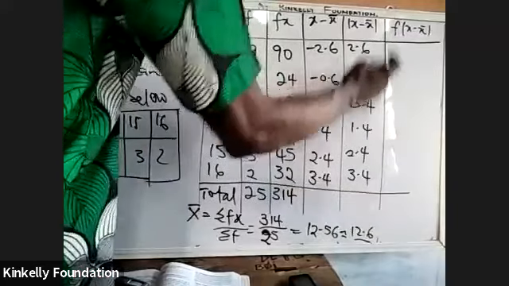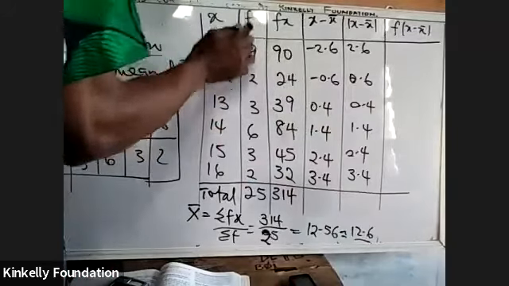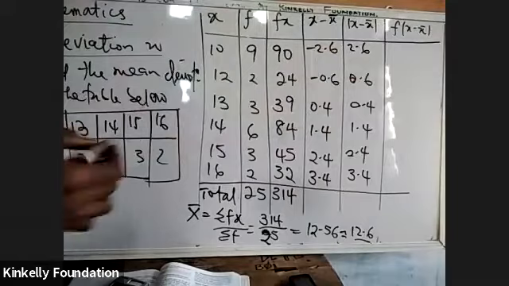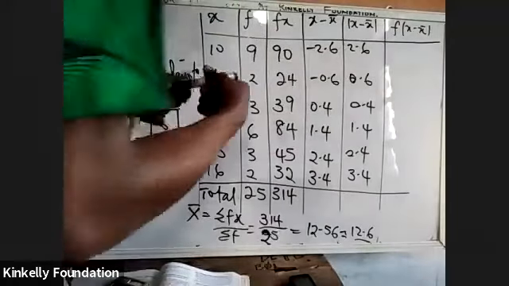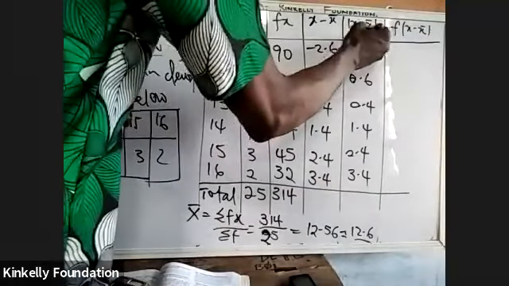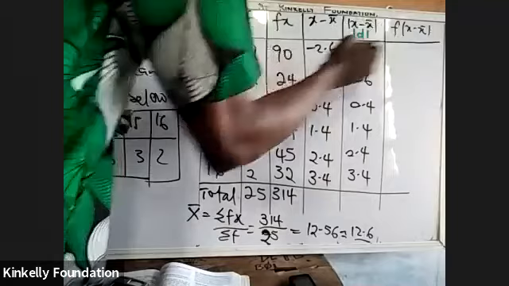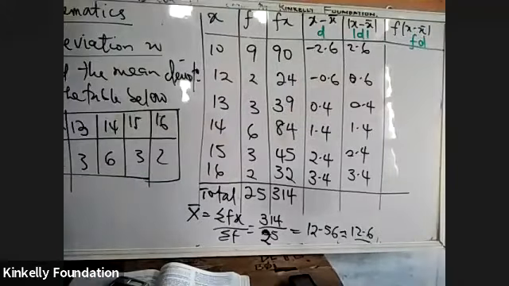You are going to multiply the frequency times this to give us f times the deviation. This one is what we call the absolute deviation. You can get the short form as well. Now this one will be FD. To shorten it, we have it as FD.